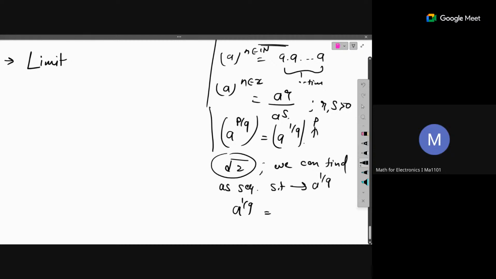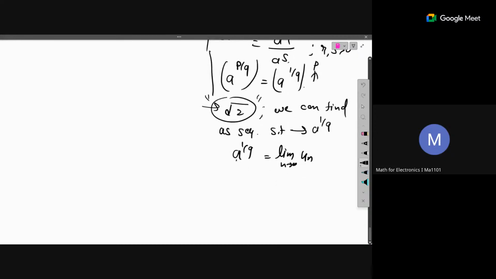So a to the power 1 by q can be defined as the limit as n goes to infinity of some sequence un. And that particular sequence you can judge by whatever sequence is given to us for root 2. A similar type of sequence works for 1 by q also. And in a similar way we can define a to the power r for any r to be an irrational number, right?